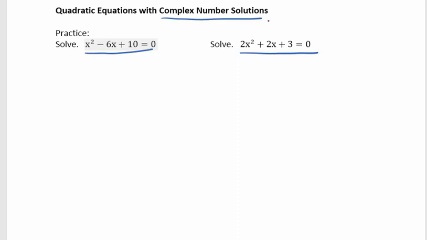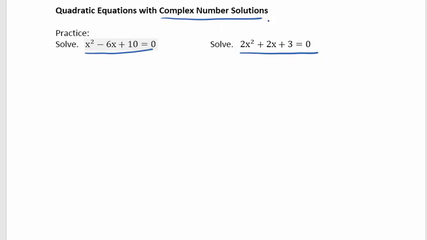So we'll go ahead and use the quadratic formula to solve these, and when you get to the end, we're going to be trying to take the square root of some negative numbers. So you're going to get some complex conjugates. So go ahead and write those out, and also make sure to be careful to see if you can simplify any of those complex conjugate answers.